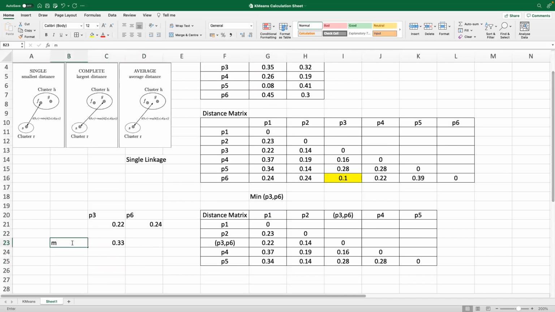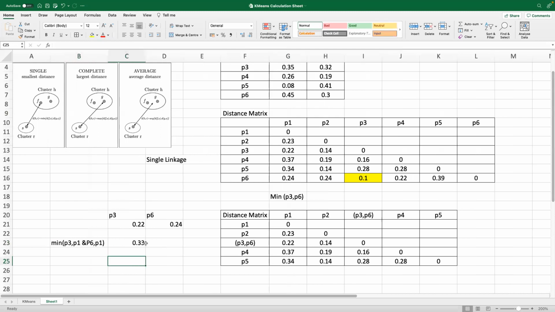Here we need to find the min of P3, comma P1 and P6, comma P1 from the distance matrix.